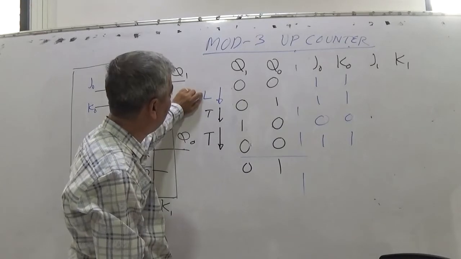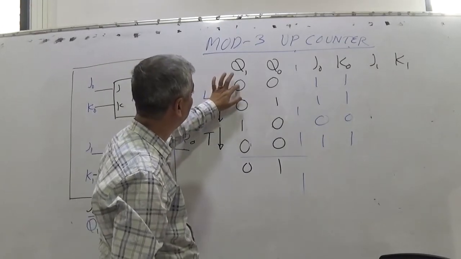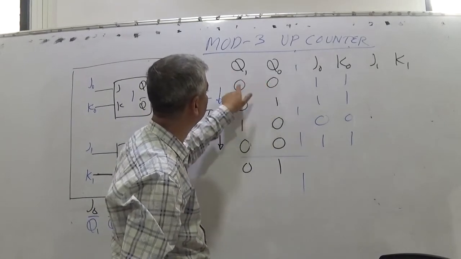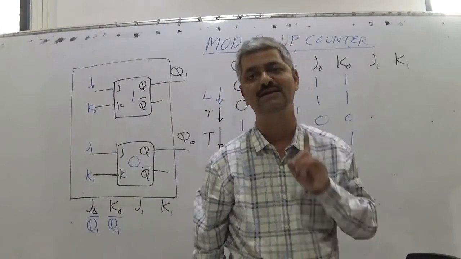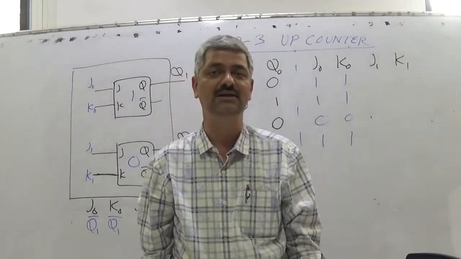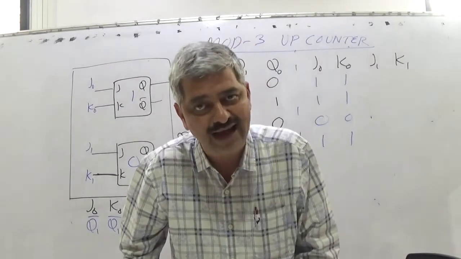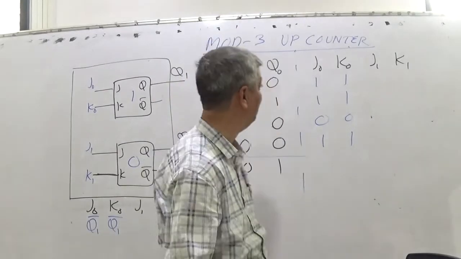So last state of Q1 is maintained when Q1, Q0 are 0, 0. When Q1, Q0 are 0, 0, that time we are maintaining last state. In all other cases, we are toggling. So what should we say?